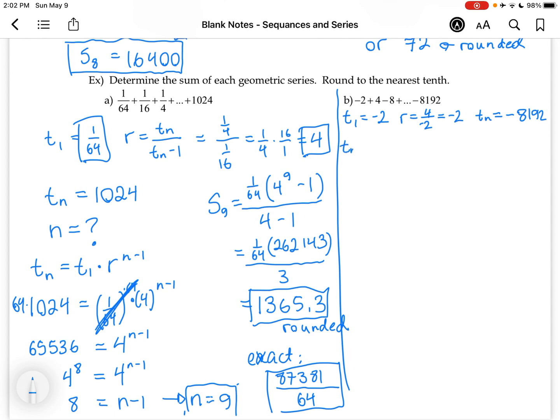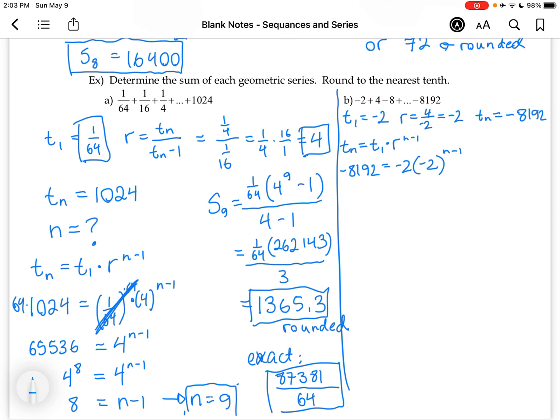Because I know that Tn equals T1 times r to the n minus 1. So I'm going to plug in -8,192 for Tn, -2 for T1, and -2 for r to the n minus 1.